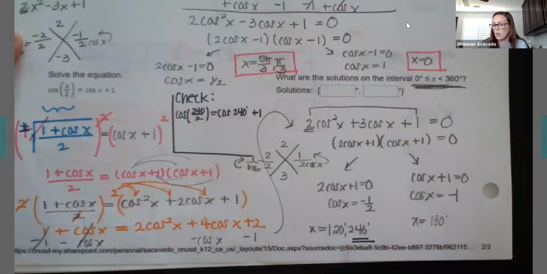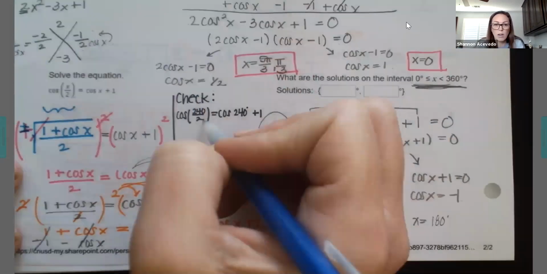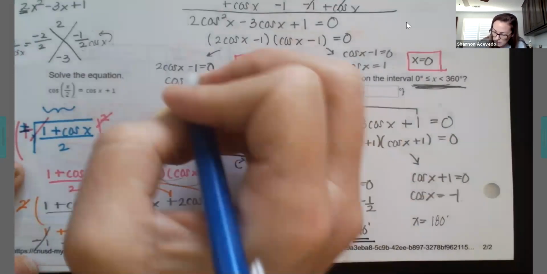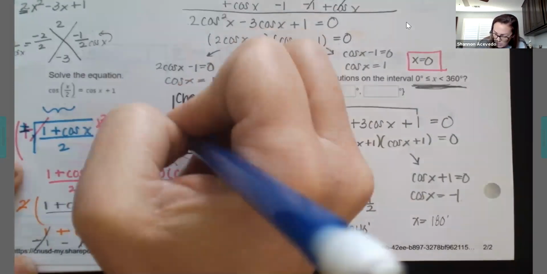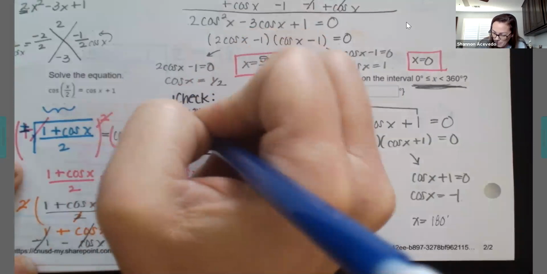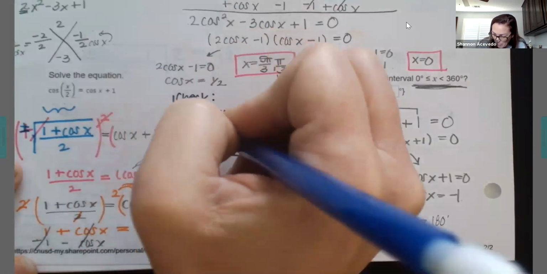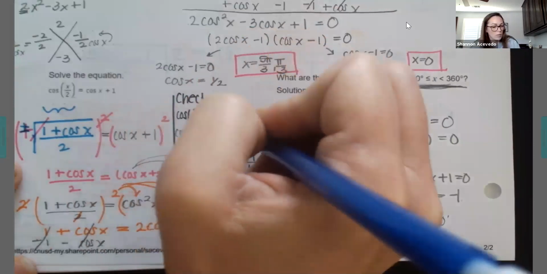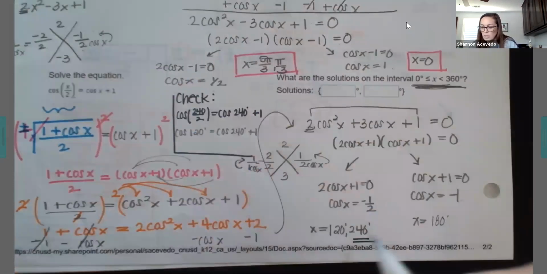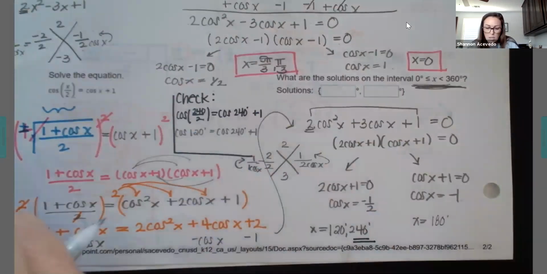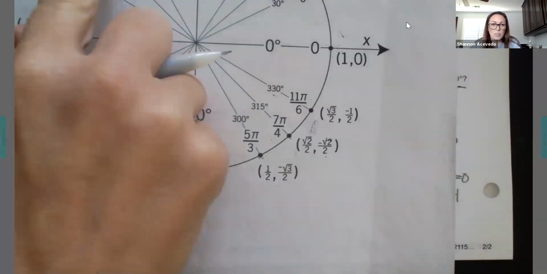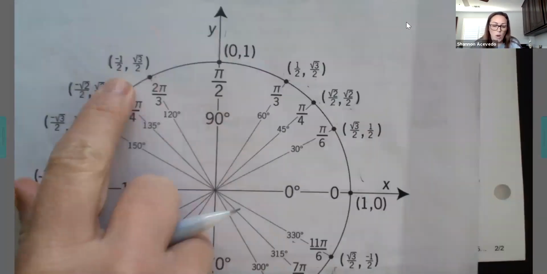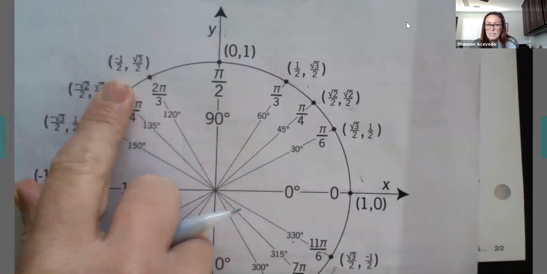Well, cosine of 240 over 2 is the same thing as cosine of 120 degrees, right? So if I look at cosine of 120 degrees, it's going to be -1/2, right? It's a -1/2.